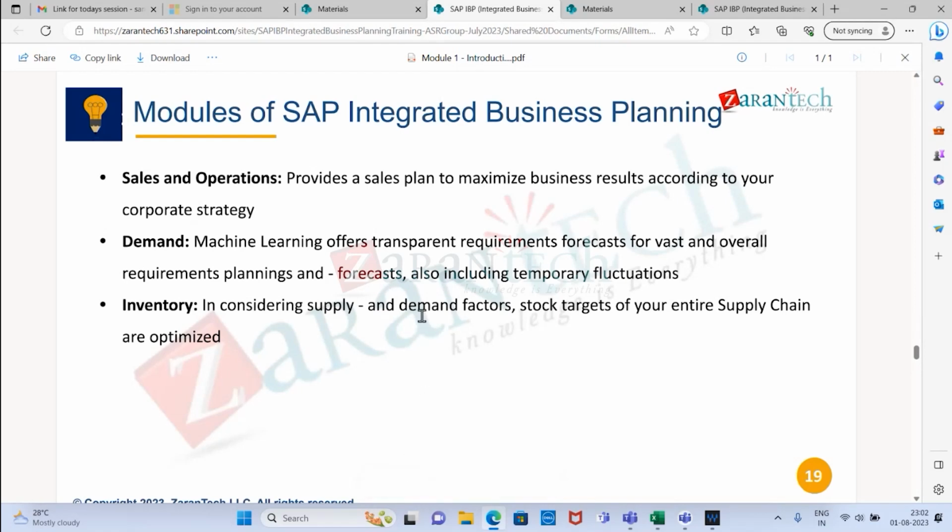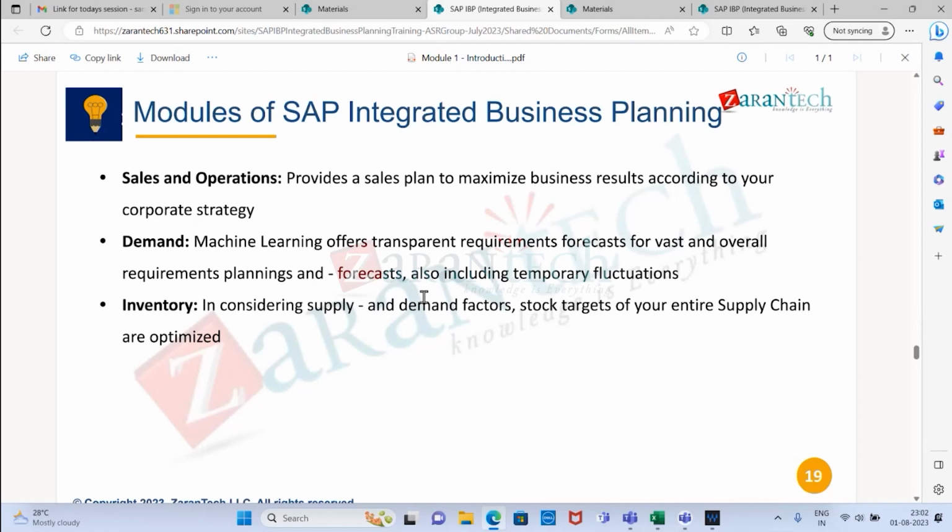Okay, so we move on. What it does basically is the sales and operations plan. It provides a plan to maximize the business output, because that's the key requirement for all the organizations: to grow.